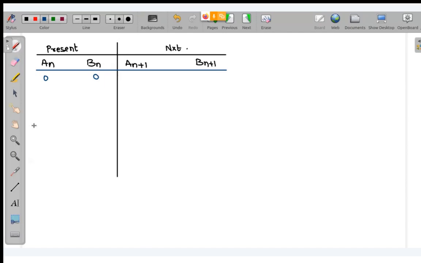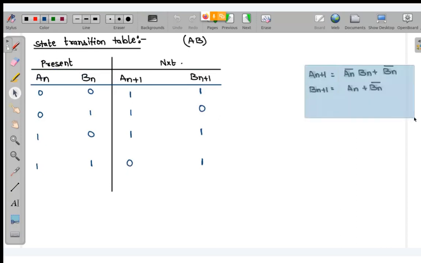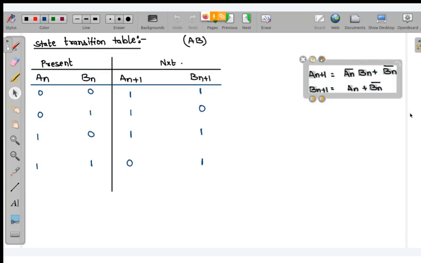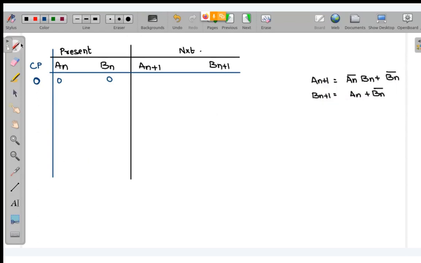So you initialize this counter from 0 0. Over here I will write the clock pulse. At the 0th clock pulse, the present state is 0 0. So the next state will be 1 1.